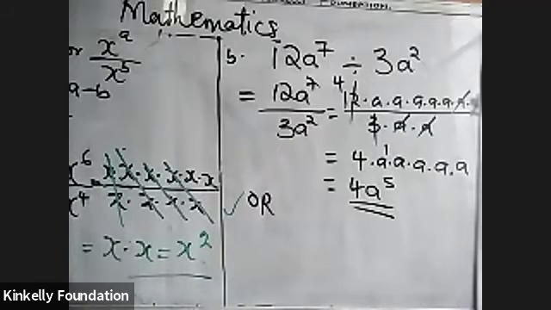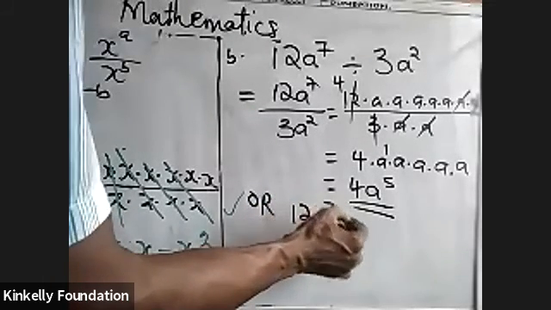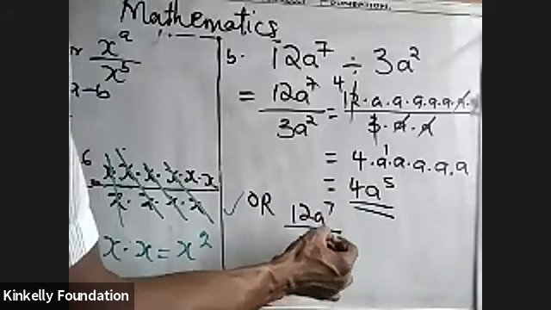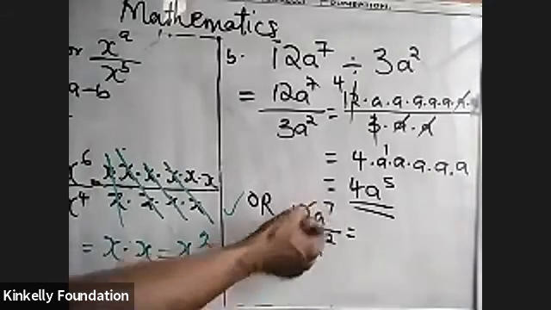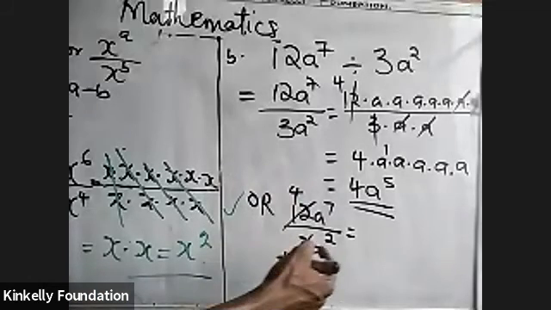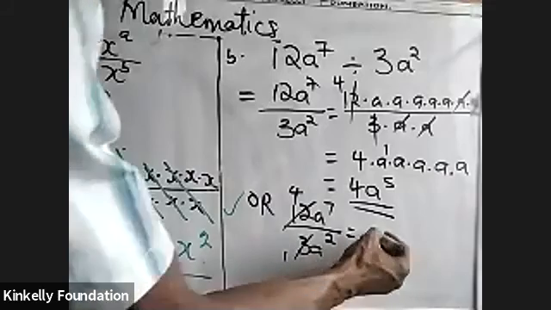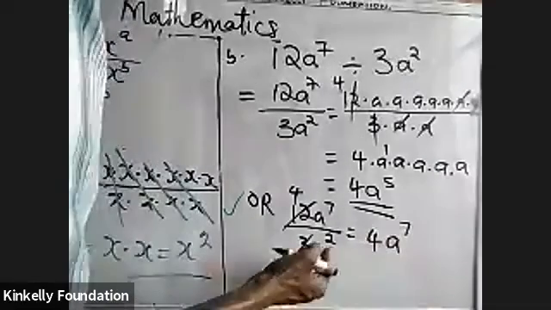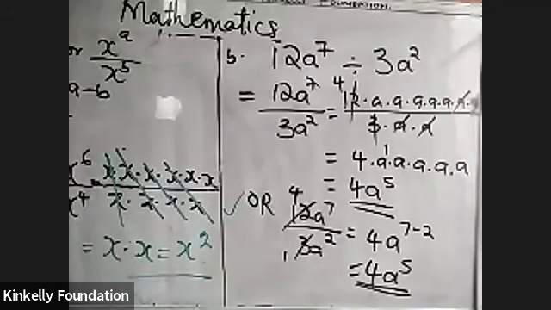Using the other method can also give us the same: 12 divided by 3 is 4, and we subtract the powers. So this is how we apply the second law of indices, which is the division law.